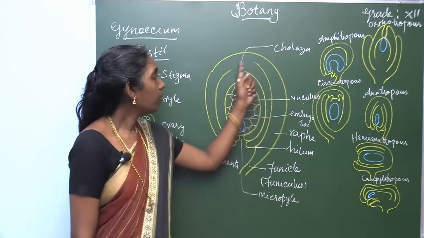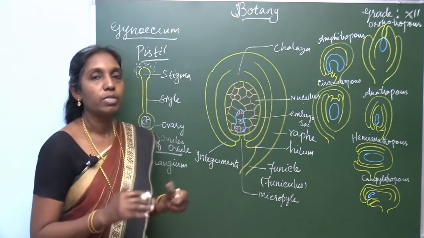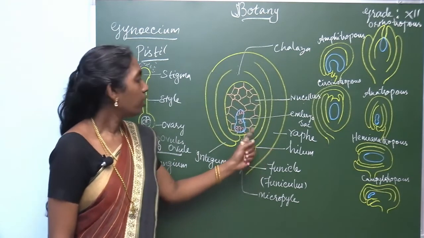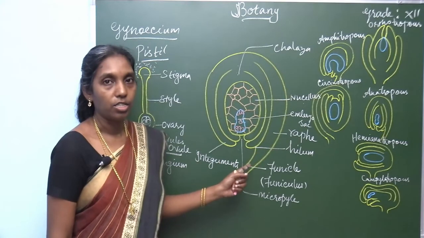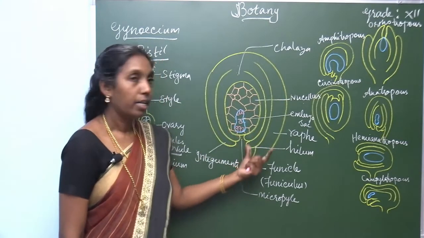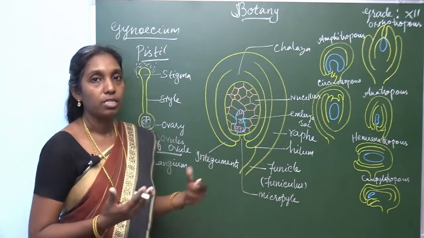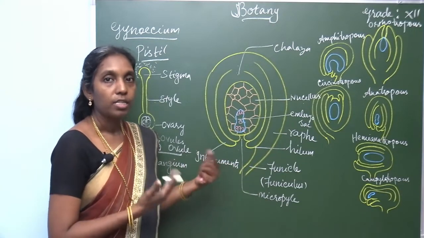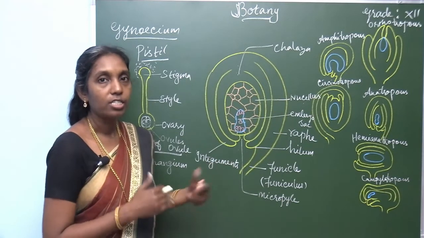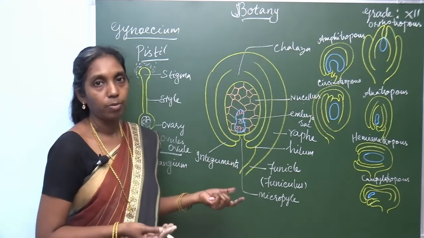It is covered by integuments, the outer integument and the inner integument. Depending on whether a single integument or two integuments are present, it is called a unitegmic ovule or bitegmic ovule.